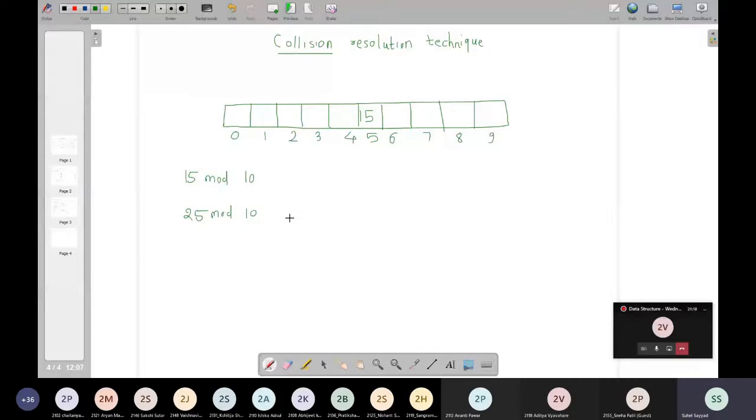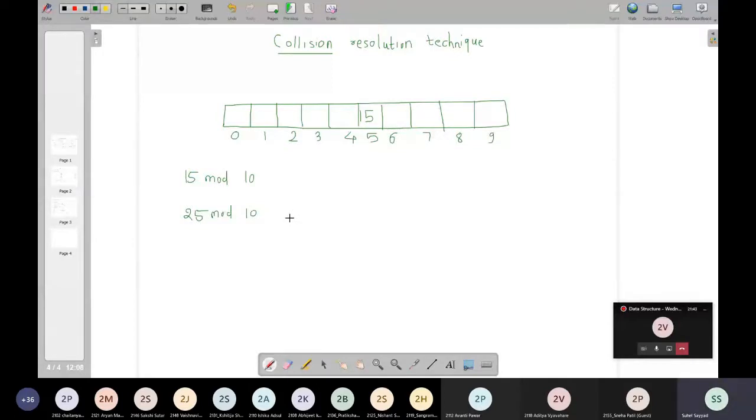But in this situation, only one number is there in my array, and still 9 slots are remaining. No doubt there is a collision happening at 5, but there are other slots available which can be occupied by 25, because there is no point in rejecting 25 if I already have some space available in my array.